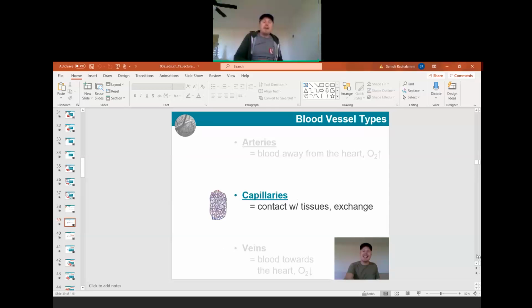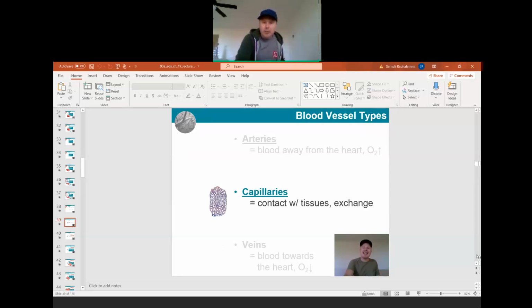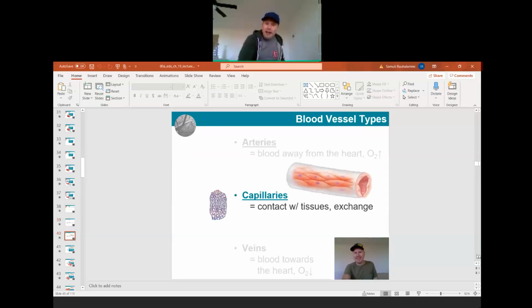So it allows the passage of the smallest of materials. And this is important because we really want to make the distance to pass across them as short as possible, and so on. So what we end up finding on capillaries is that there's really just a single layer.